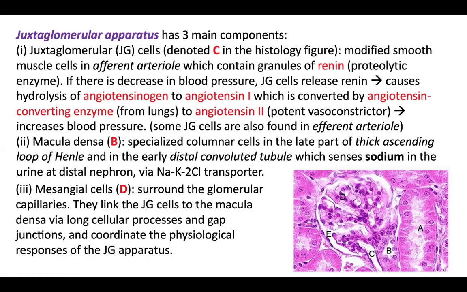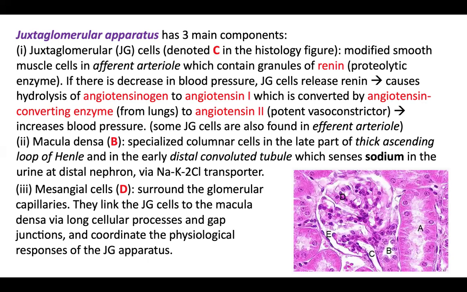When there's a decrease in blood pressure, JG cells release renin. This causes hydrolysis of angiotensinogen to angiotensin 1, which is then further converted by angiotensin converting enzyme, primarily in the lungs, to angiotensin 2. And this causes vasoconstriction of systemic arteries in order to raise blood pressure.